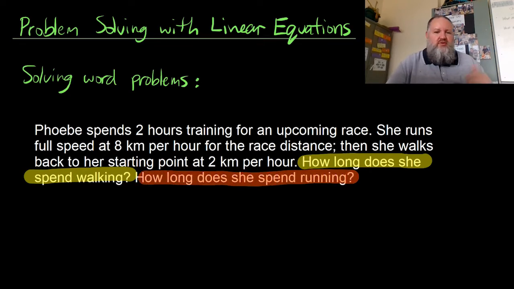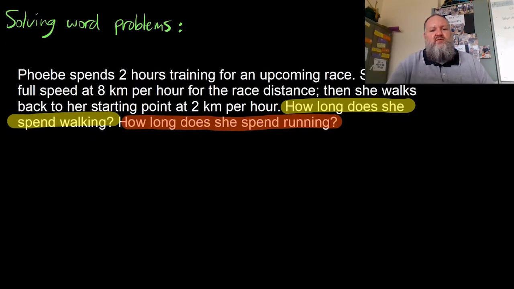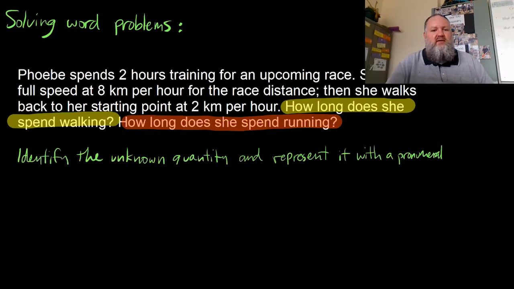Okay, so we've got two things that we need to consider. Obviously we're looking at some sort of algebraic linear equation problem that we need to solve. So the place to start is to identify what the unknown quantity is and then represent it with some sort of pronumeral, some sort of variable.